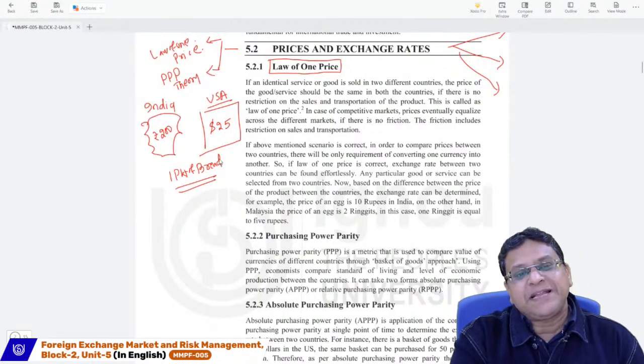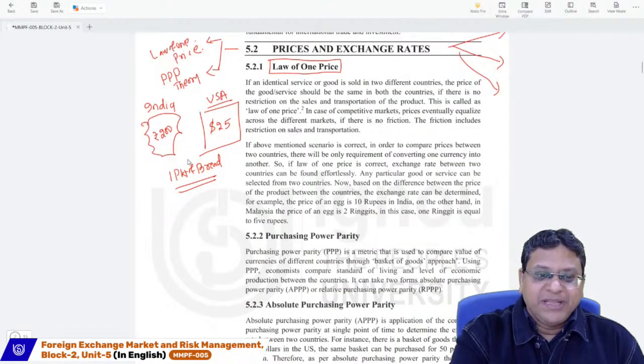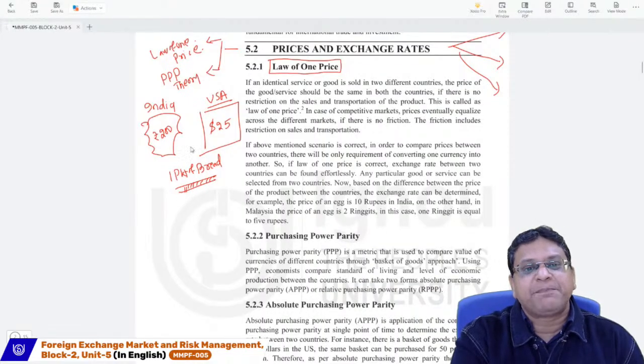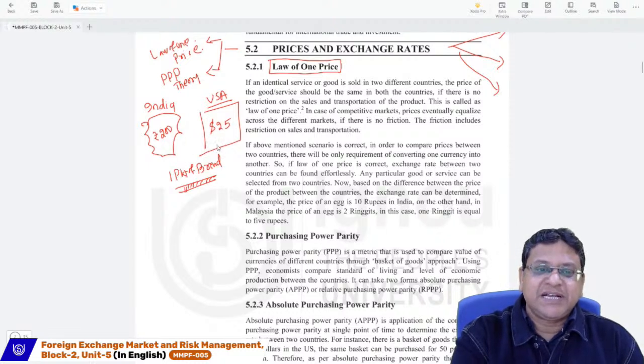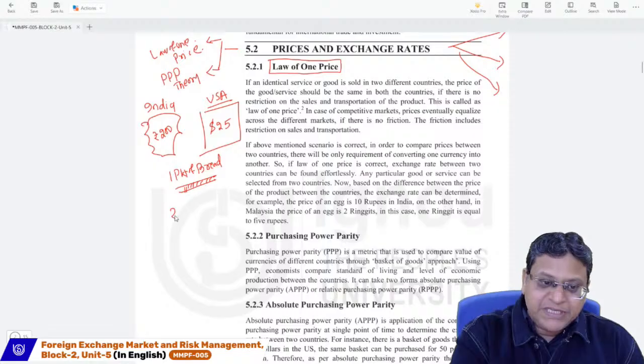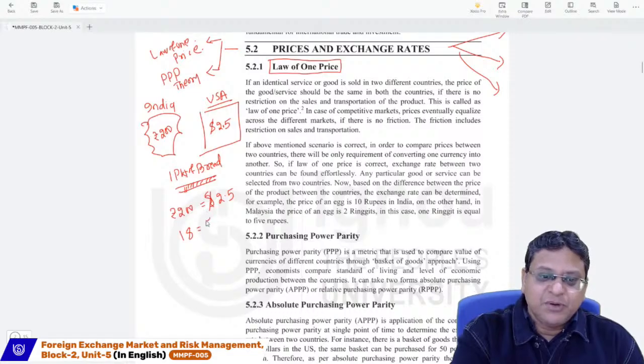So law of one price tells that if a similar product is sold in two different countries, their prices must be similar. It means 200 rupees will be equal to $2.5. So what is the price of $1? The exchange rate of $1 will be 200 by 2.5, that is equal to 80 rupees.